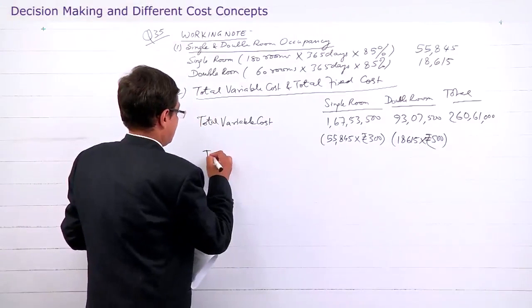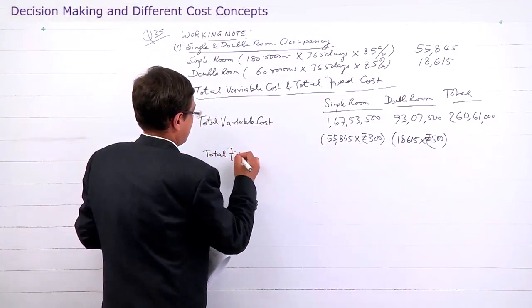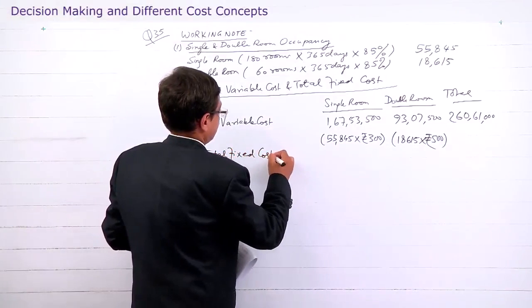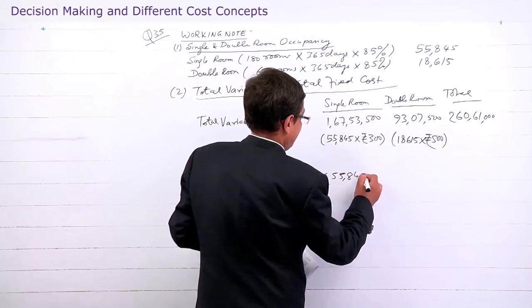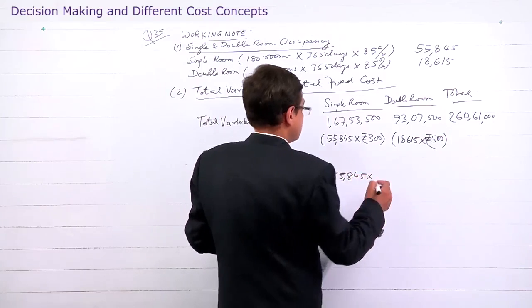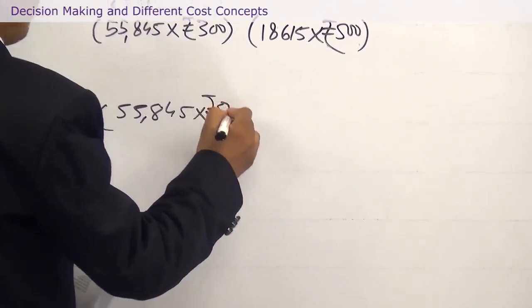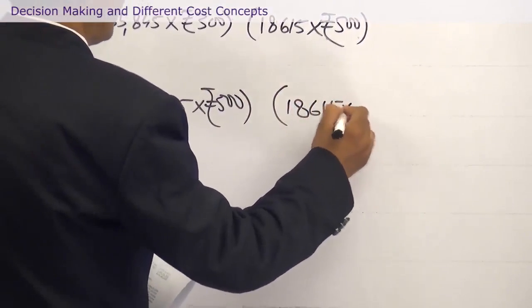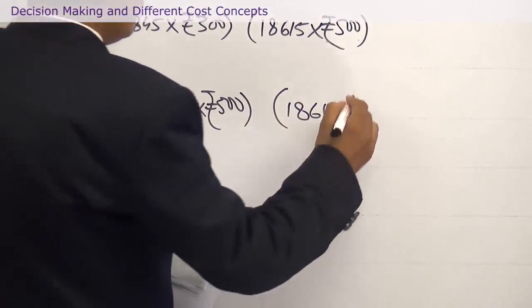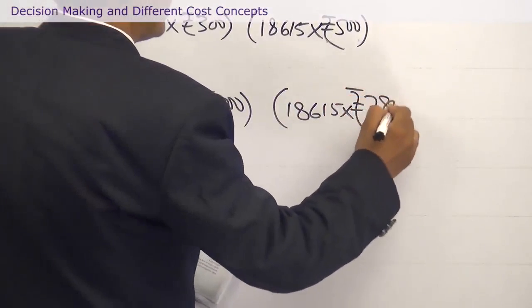Likewise, the total fixed cost in the same manner will be 55,845 into rupees 500, and 18,615 into rupees 780.